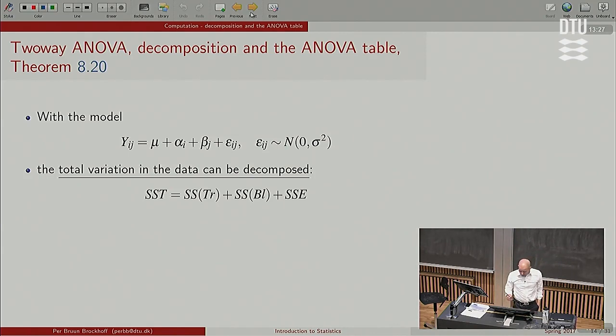And basically we do two different between treatment variabilities, and we call it sum of squares for treatment, that's the one way of the table, and then sum of squares for blocks, that's the other way of the table. And as you can see, what I decide to actually call treatment and call block doesn't really matter. In all the computations, what we do here is completely symmetric in the two ways of the table.